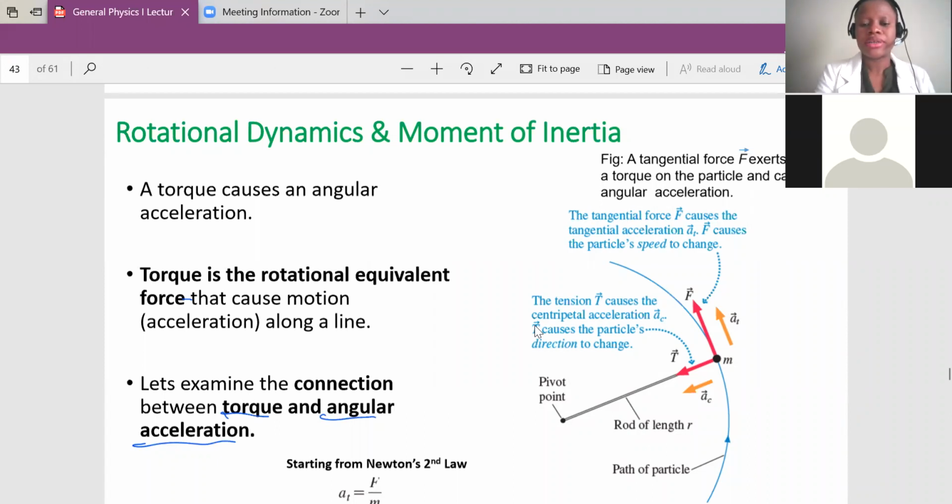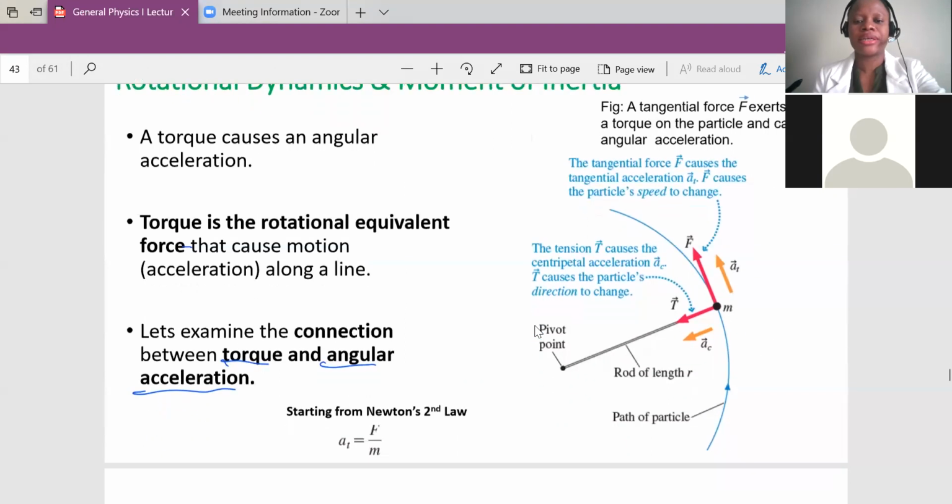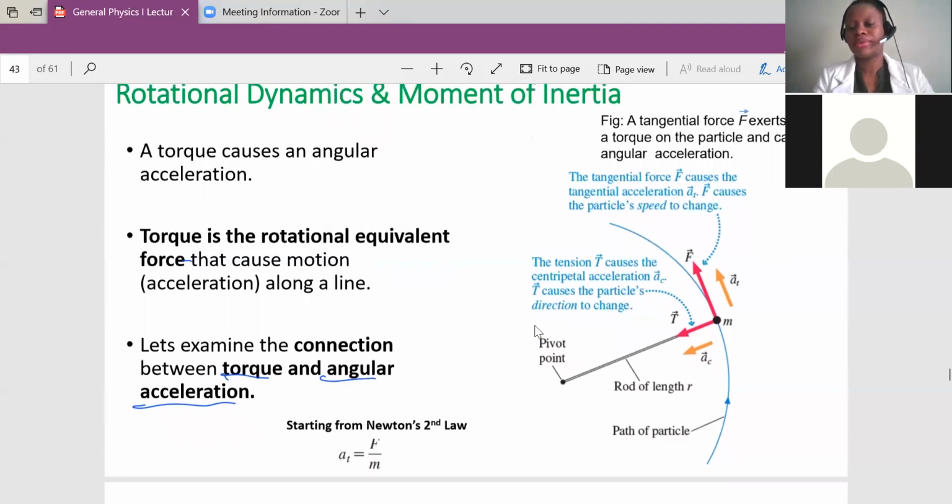So to better understand the concept of what we want to discuss, let's look at a single particle as shown in this diagram, a single particle that is attached with a rod to a pivot. So this is the length of the rod, which is R, and this is our pivot, and this is the particle M. All right.